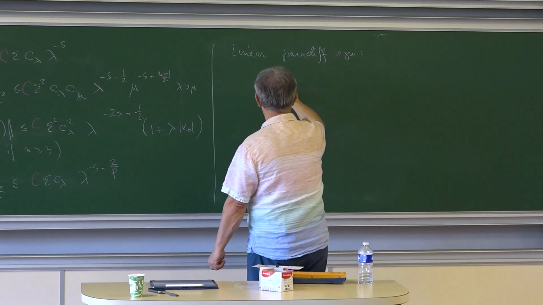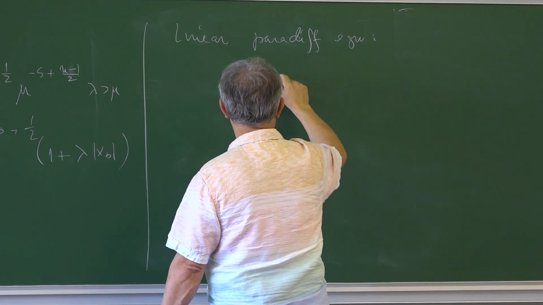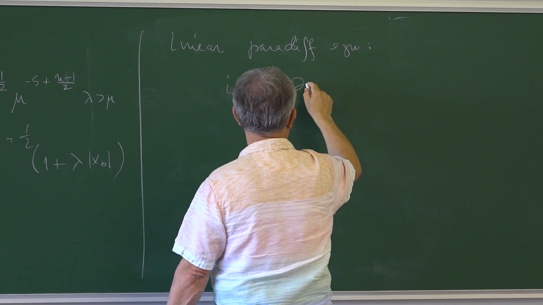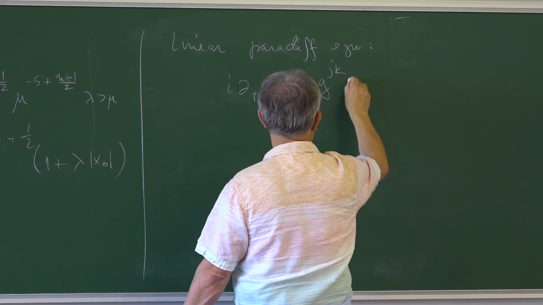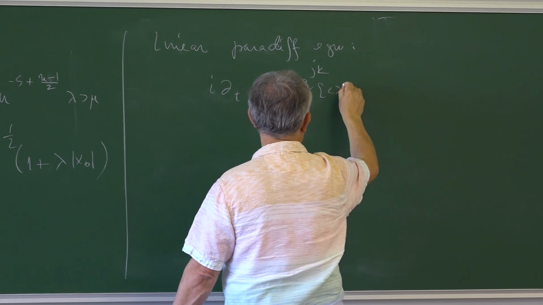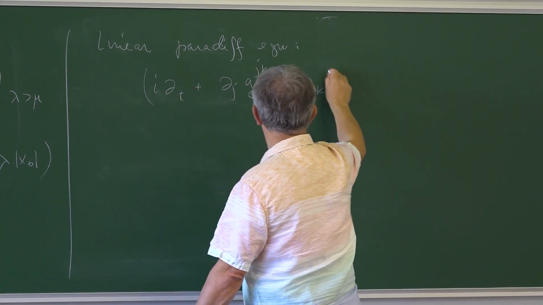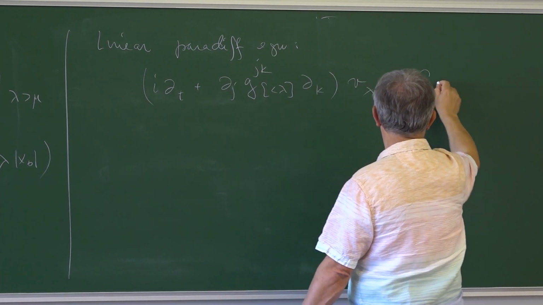It has the same form as we had before: i∂_t + ∂_j g^{jk}_{<λ} ∂_k applied to v_λ is equal to f_λ.